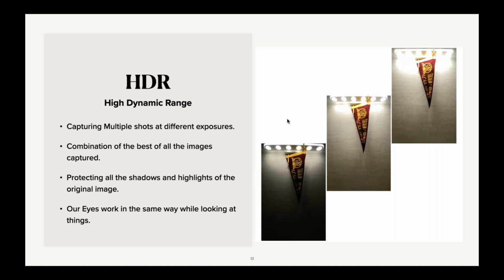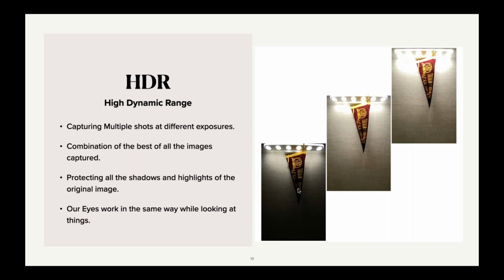If you go to some hill station or some beachside, there are two elements to the photo. One is the sea or the ocean or the valley, and one is the sky, which is filled with clouds. To capture both of them equally with less harm to the shadows as well as the highlights, there is a concept called HDR, which takes photos in three conditions: one with the least shadows, one with the most shadows, and one in between where it is not much exposed.